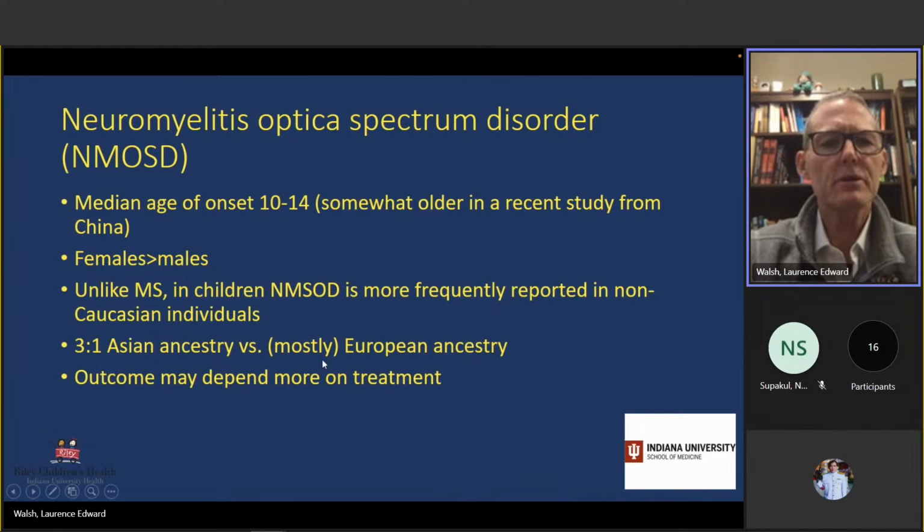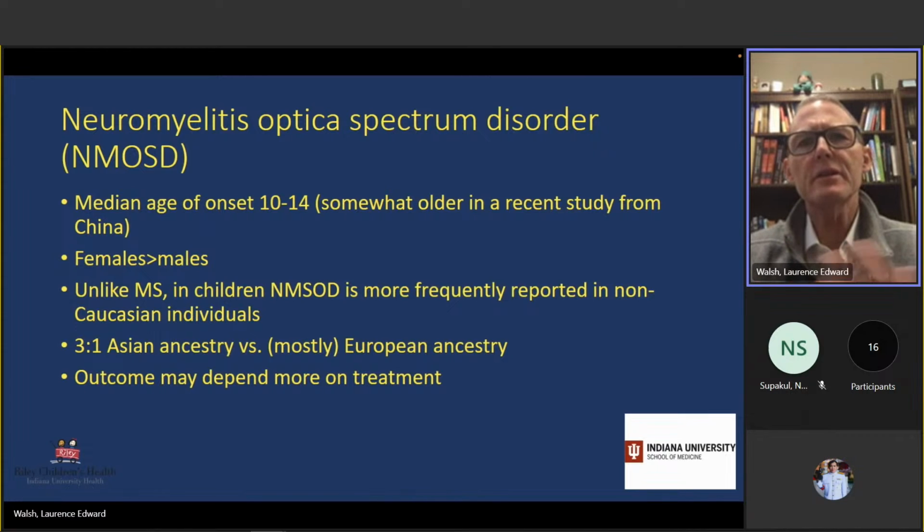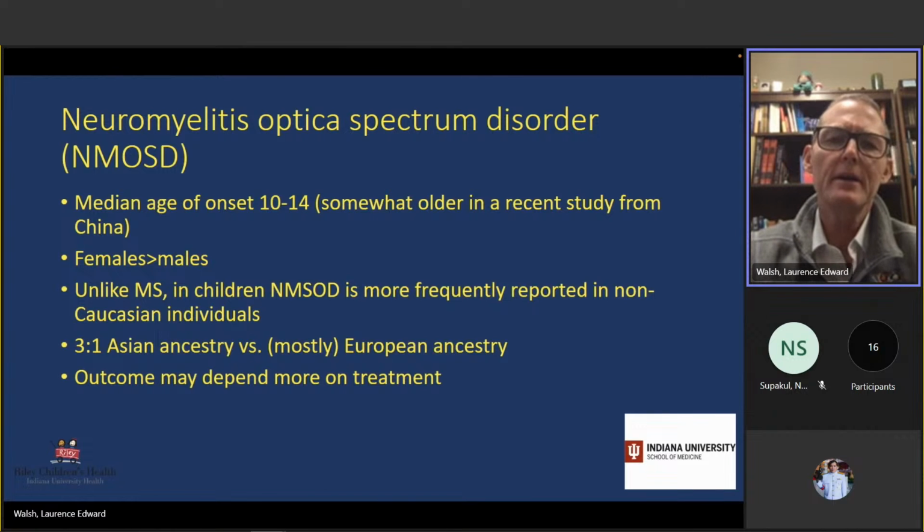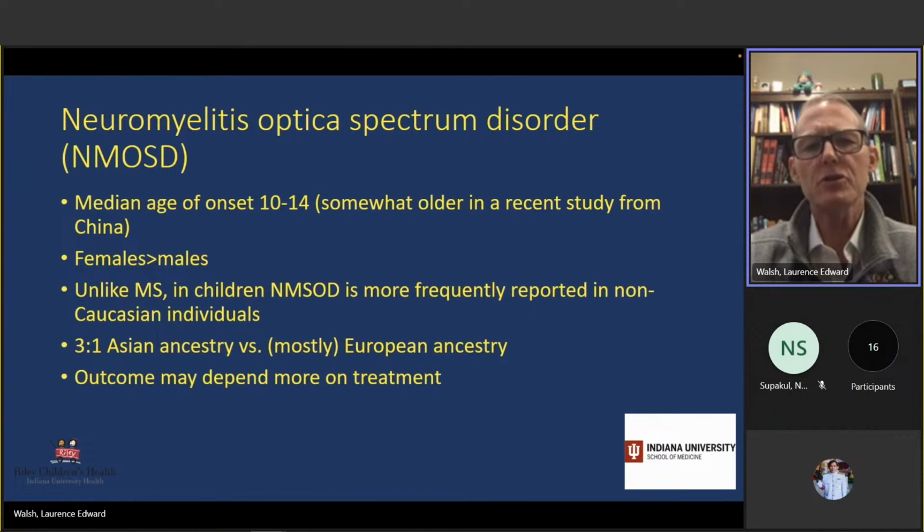Unlike multiple sclerosis, people of Asian ancestry have a higher incidence of this. And outcome, it's been suggested that outcome depends also on ethnicity and geographic factors, but it also may just depend more on treatment. And I think folks are still trying to sort that out.